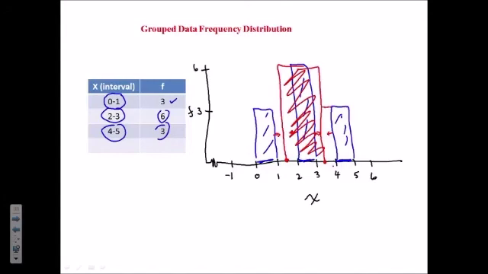This bar came over and touched it, and it would increase by the same amount, the half a box on this side. It would look like that. And similarly, this bar would come over and touch this one, and it would increase by half a box this way, and we would have this picture. So now we have a histogram, looks like this, where the bars are touching.